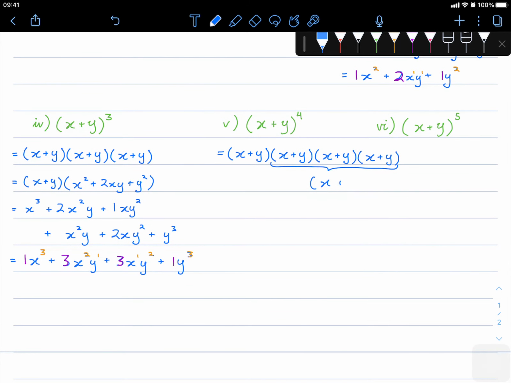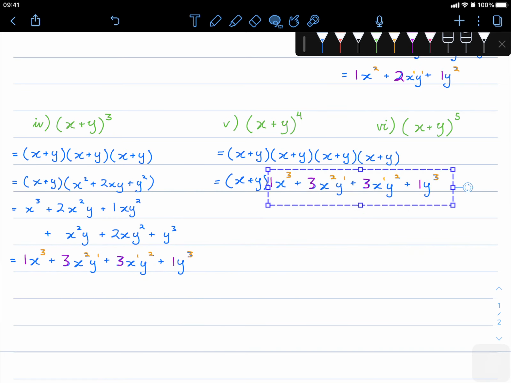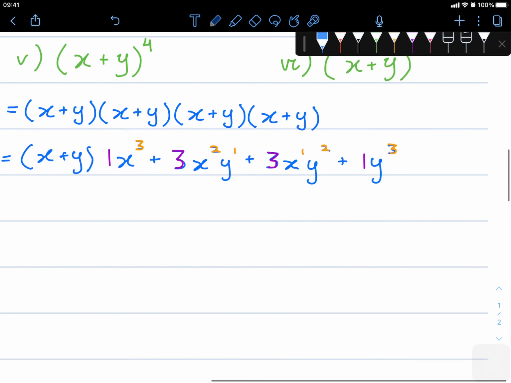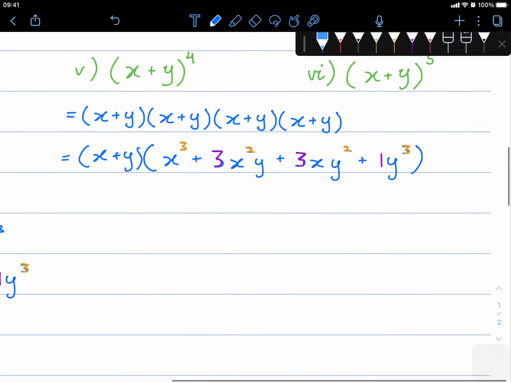So we could rewrite this question more simply as x plus y cubed. But since we already know the expansion of that, we're just going to write that one in. I'm going to be a little bit lazy, and I'm just going to copy it out like this. Thank goodness I have an iPad, because writing out that again would have taken quite a while. Let's just ignore the coloring for now. Get rid of that one, get rid of that one, and let's expand this.